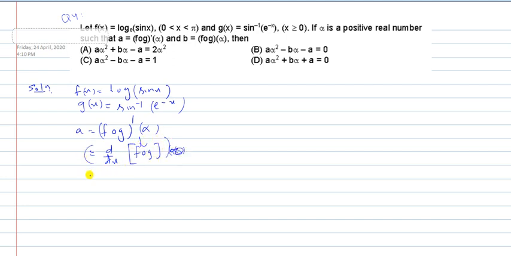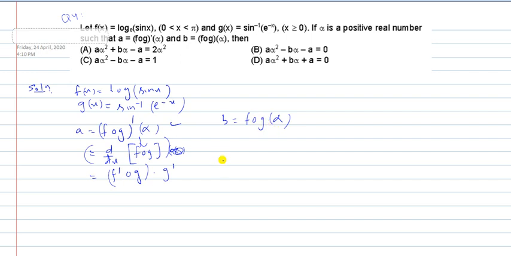First I will take the derivative of the outside function, f dash over g, as a whole, then I will multiply the same thing with g dash. So let us see this option, and b equals f of g of alpha.